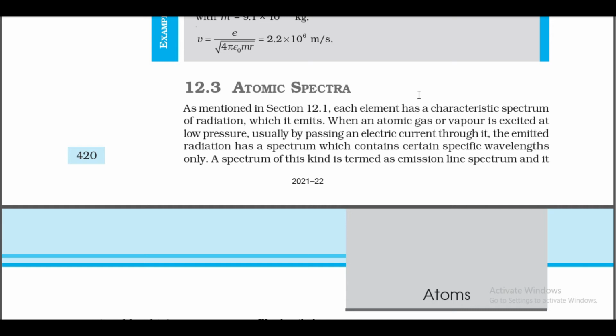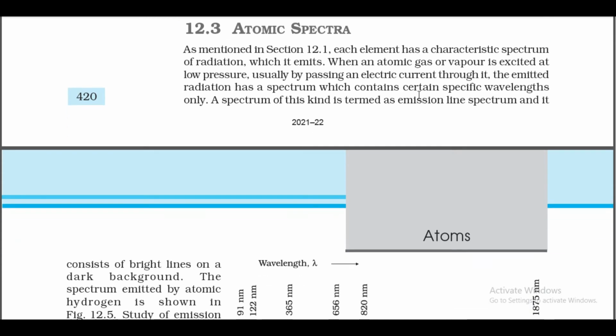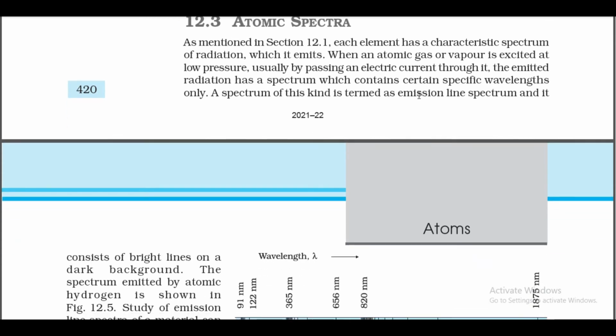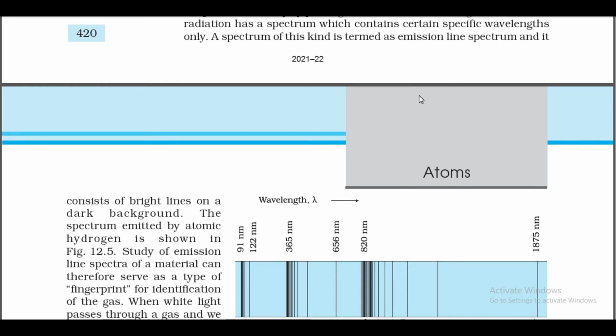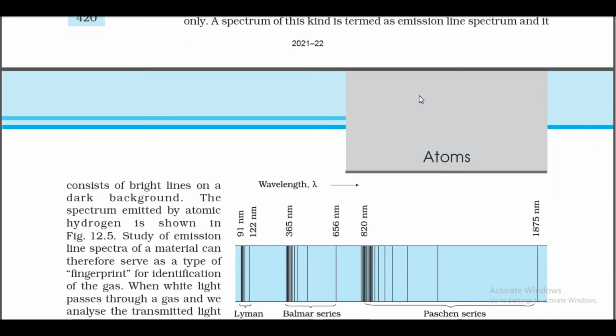The emitted radiation has a spectrum which contains certain specific wavelengths only. A spectrum of this kind is termed an emission line spectrum and consists of bright lines on a dark background. The spectrum emitted by atomic hydrogen is shown in figure 12.5.